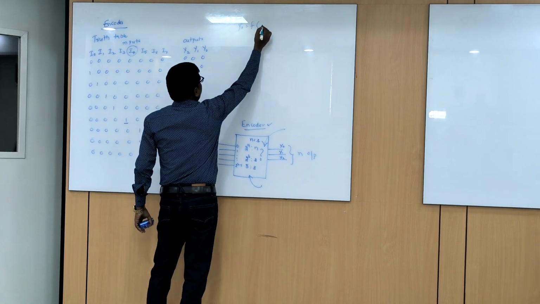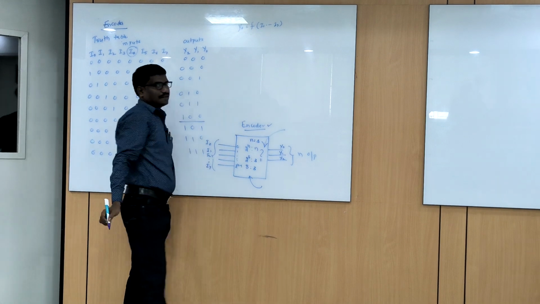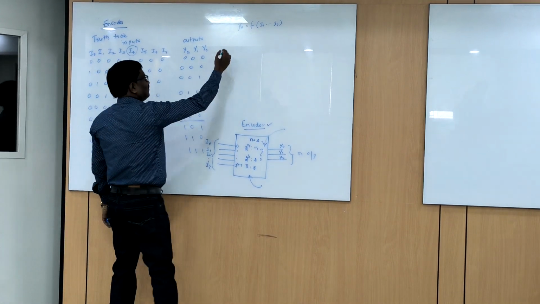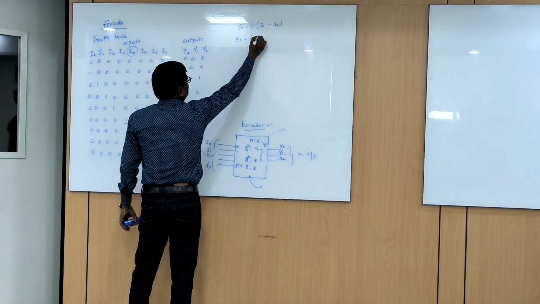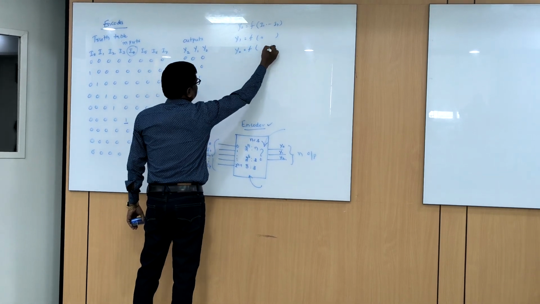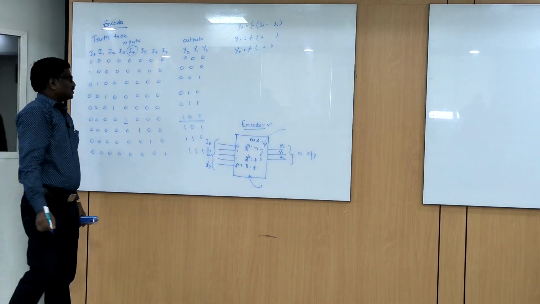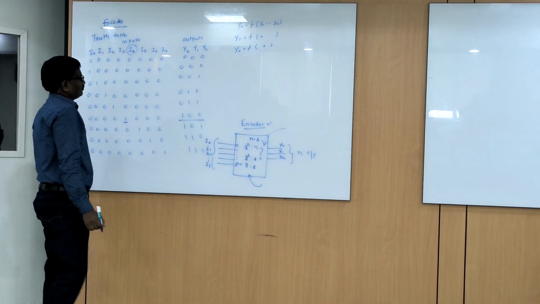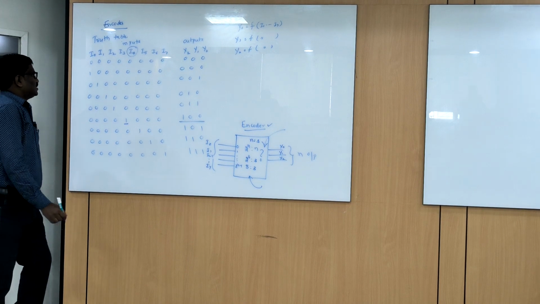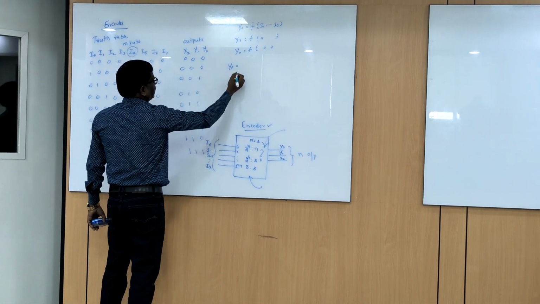Y0 is a function of I0 to I7. Y1 is also a function of the same. Y2 is also a function of the same. What is the expression for Y0? When will Y0 be 1?